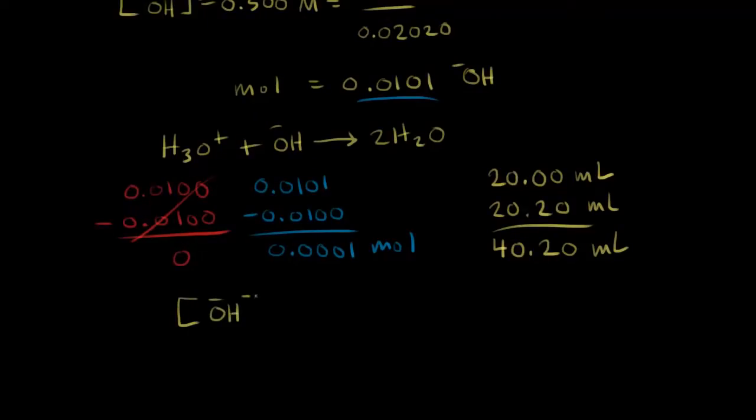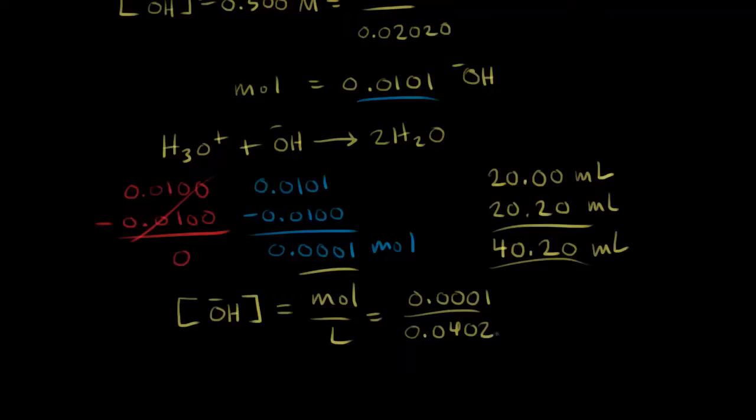So what's the concentration of hydroxide ions? Concentration is moles over liters. And so we have 0.0001 moles of hydroxide. And the volume would be, this is in milliliters, so that's the same thing as 0.04020 liters.